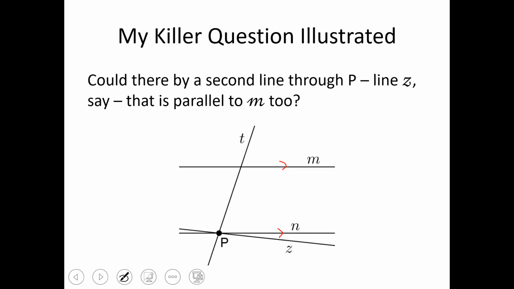Now, invariably, and I always do this every year, I ask students whether this could happen, whether you could have two lines through the same point, both parallel to the same given line.